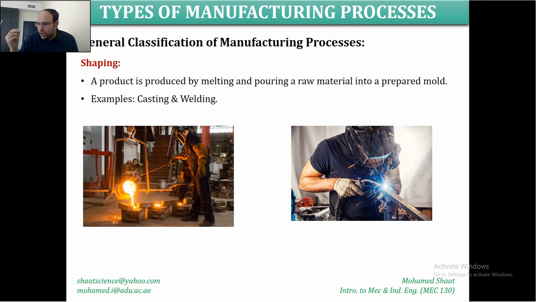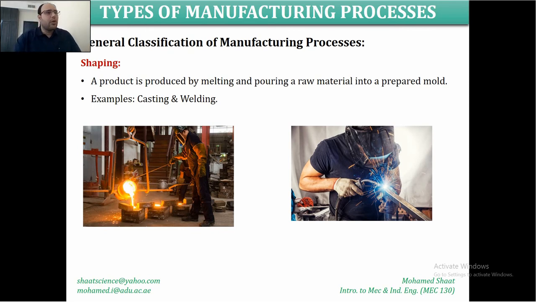Any changes over the product or over any material will be counted as a manufacturing process. We cannot count exactly how many manufacturing methods we can do. But there are some general names and some general classifications of the manufacturing methods.